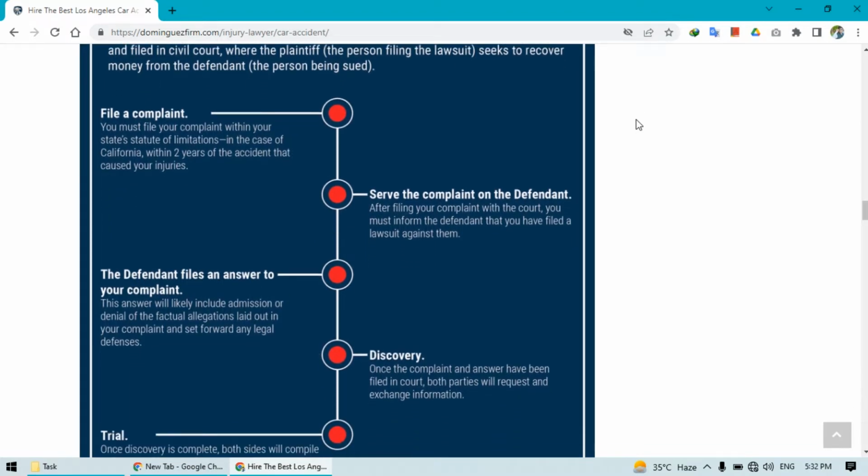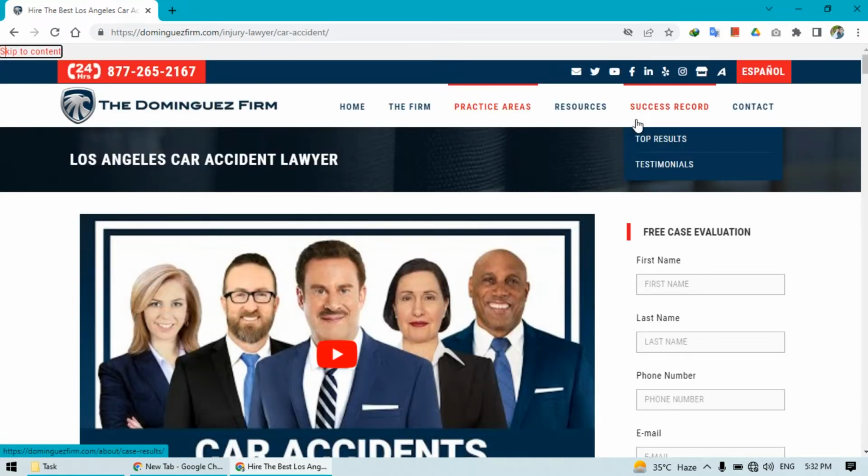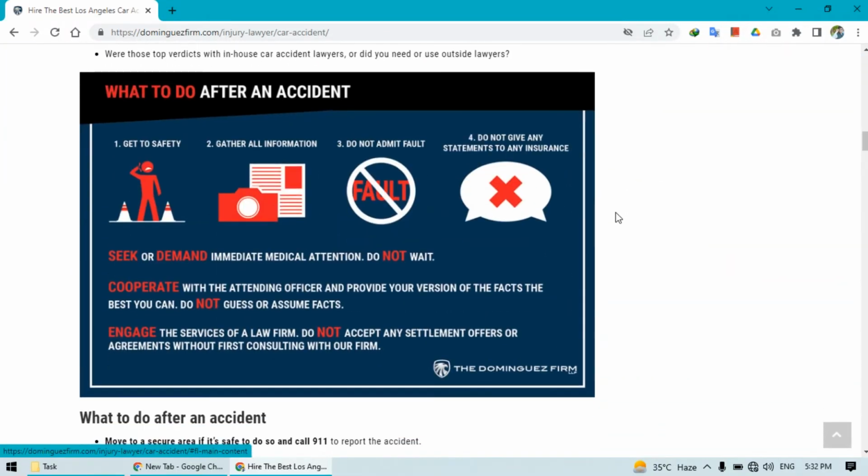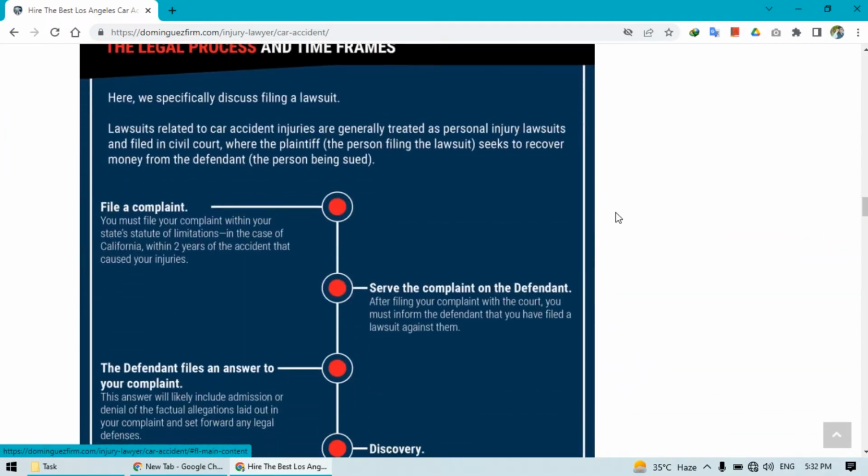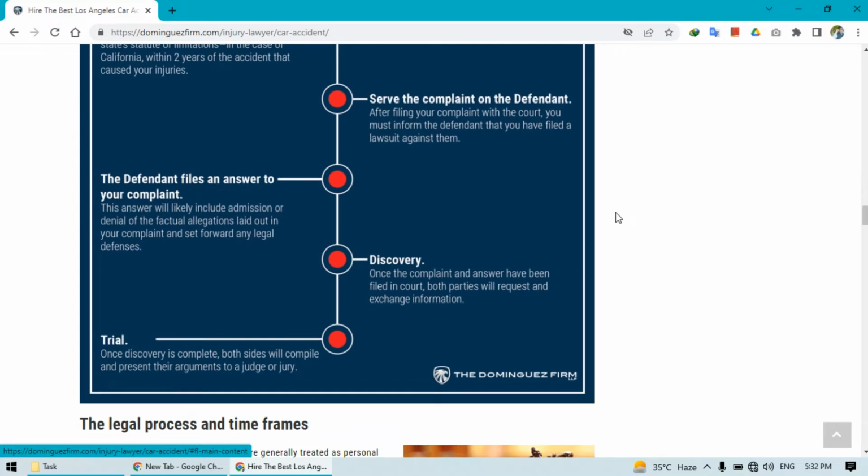Once the complaint and answer have been filed in court, both parties will request and exchange information. Trial. Once discovery is complete, both sides will compile and present their arguments to a judge or jury.